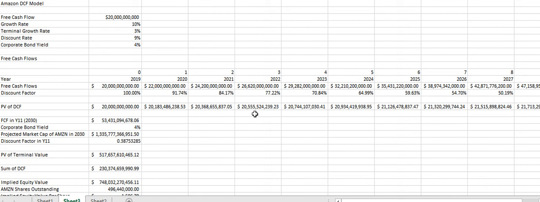Now Amazon's starting to become what some people call the cash cow phase, where it's maturing. Sales are growing, and it's able to generate those excess cash flows.